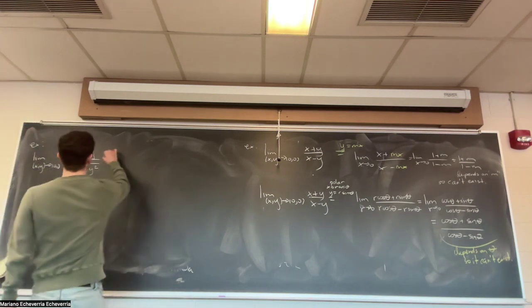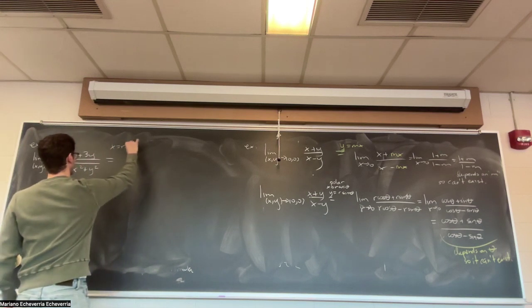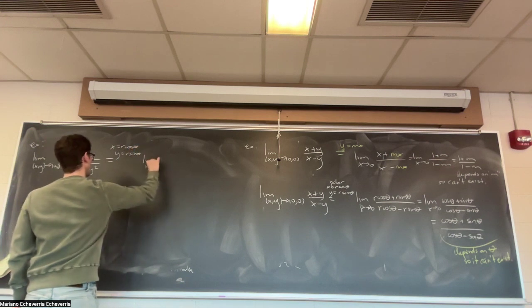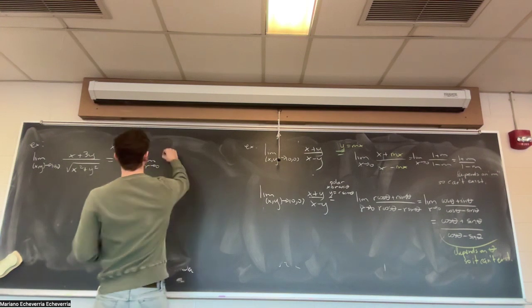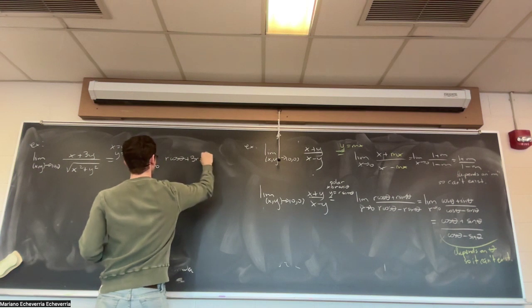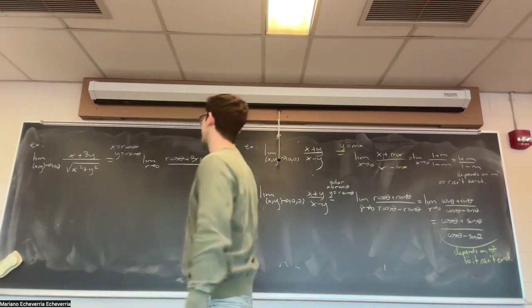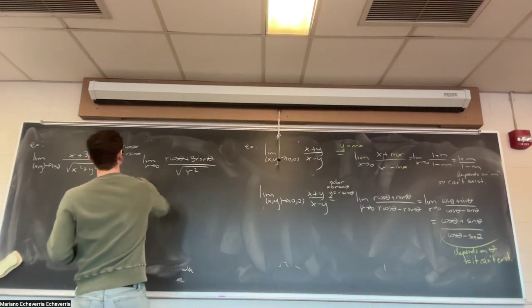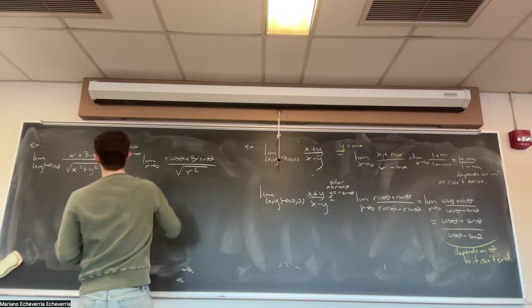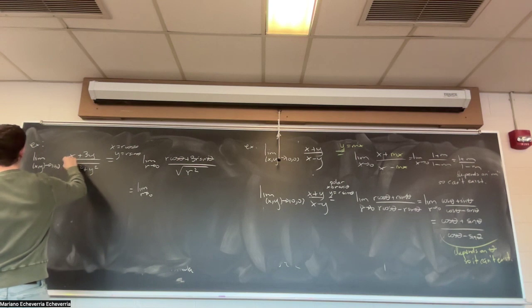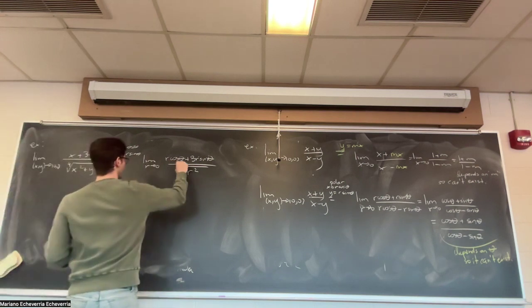So if you switch to polar, you get the limit as r approaches 0 of x. x is now r cosine of theta. And the other one becomes 3r sine of theta, right? And then the stuff inside the square root becomes the root of r squared. Let me put a quartic root, otherwise it won't work.